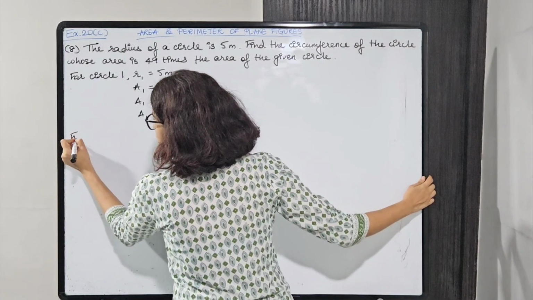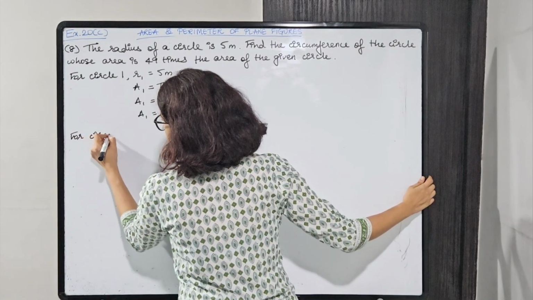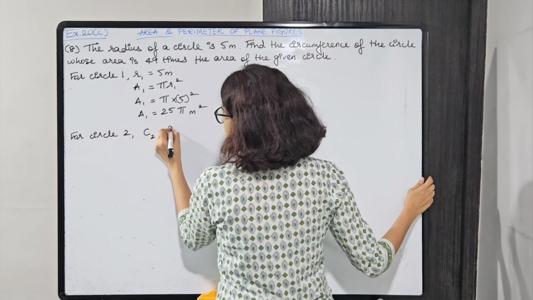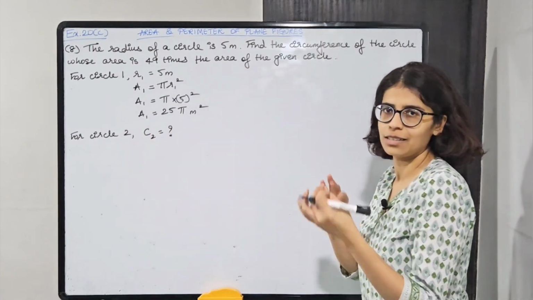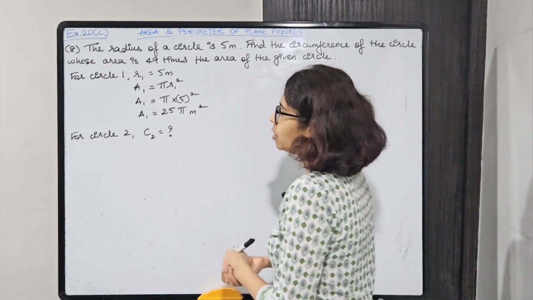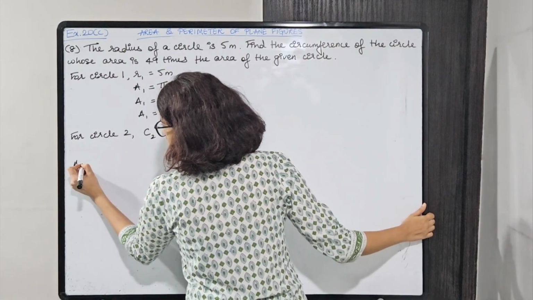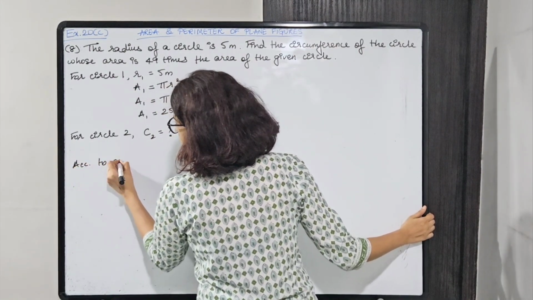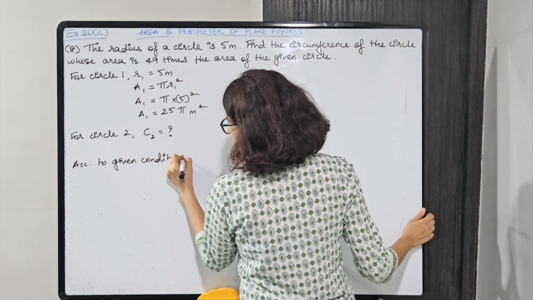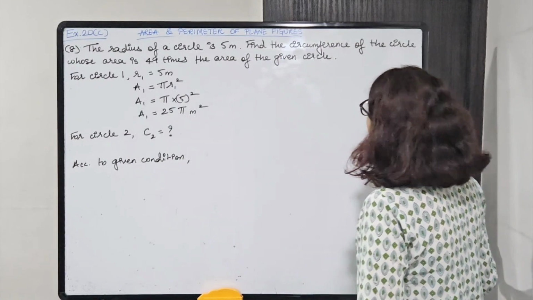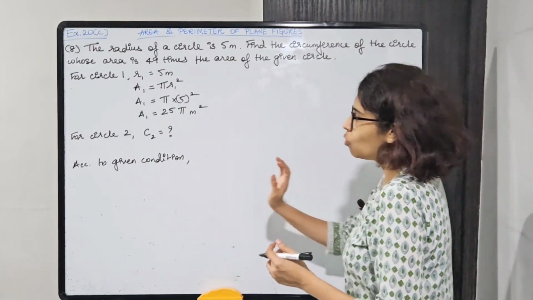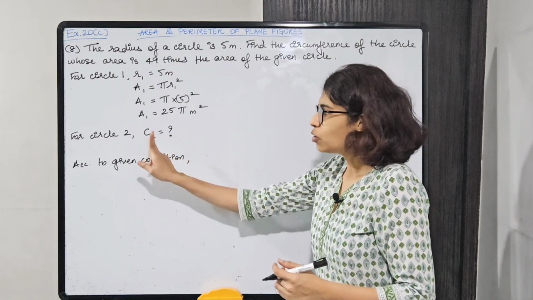For circle 2, we need to find out the circumference. And for circumference, we need either radius or diameter. So let's see what we can find out. You are given some condition. According to given condition, find the circumference of the circle whose area. So circumference of which circle do we have to find? Circle 2.